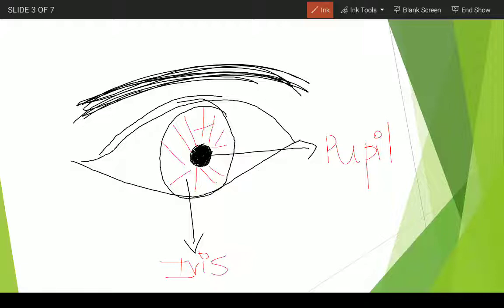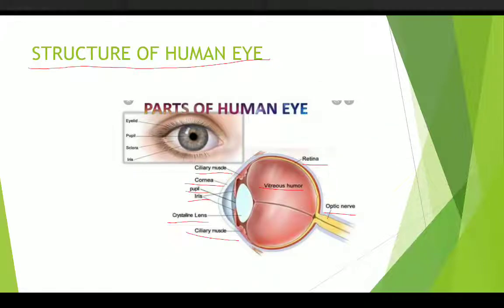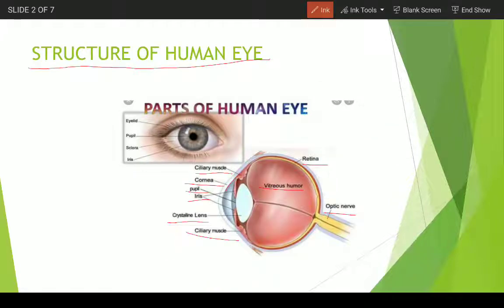Okay, now the cornea. The cornea is this bulged portion. As you can see, if we close our eyes, the bulged portion. Wait, I will show you in the previous one. Okay, see, this bulged portion is known as the cornea, right?